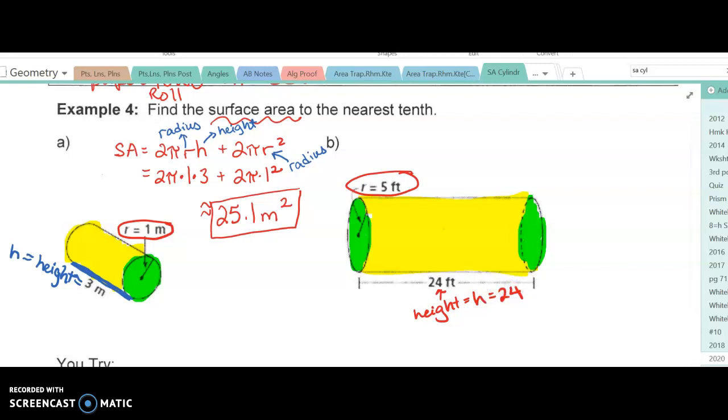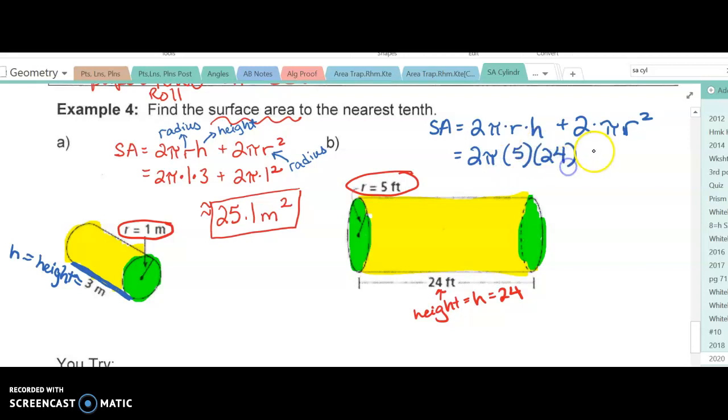Again, our formula: 2 times pi times r times h plus 2 times pi times r squared. So this is 2 times pi, our r is 5, times h, which is 24, plus 2 times pi times 5 squared.